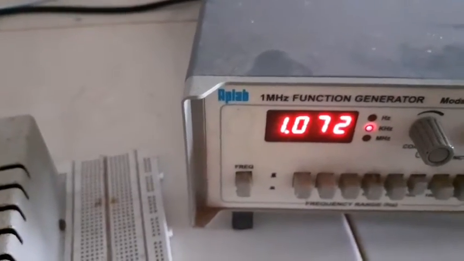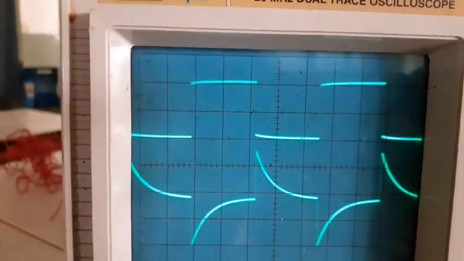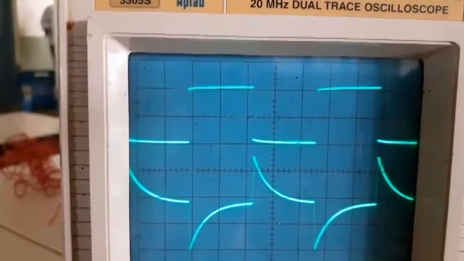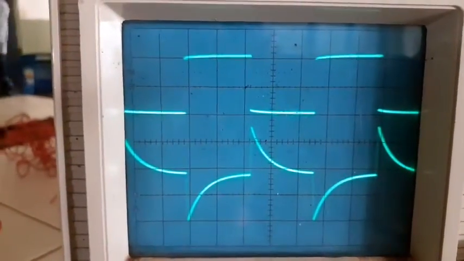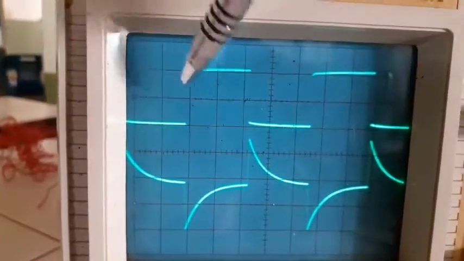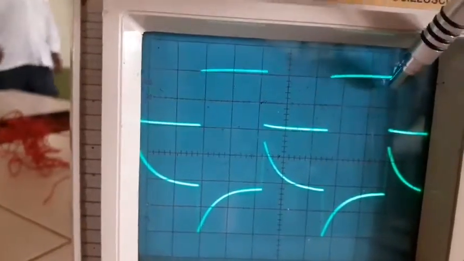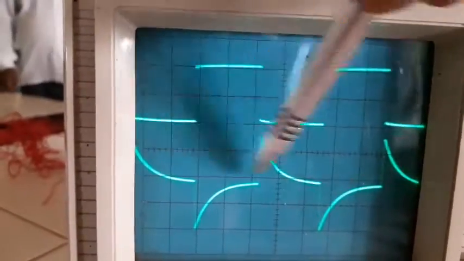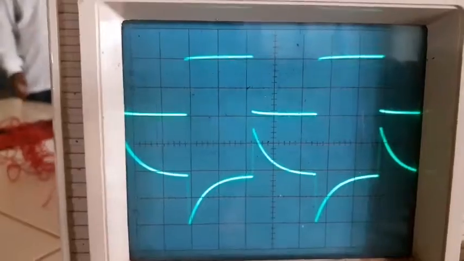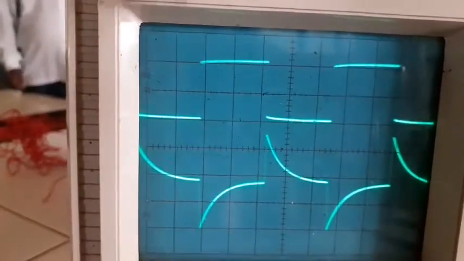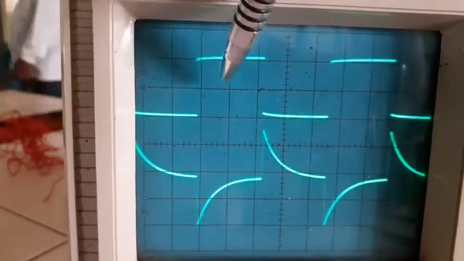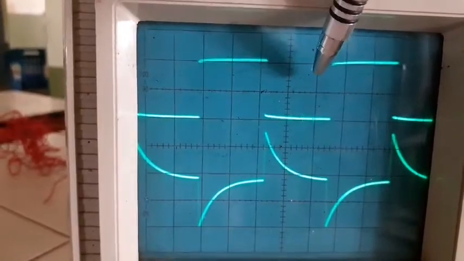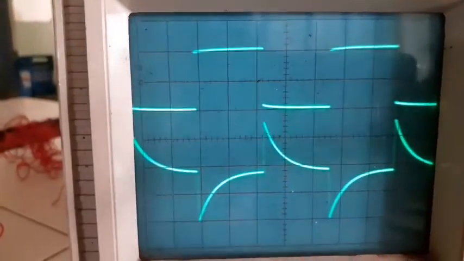Now let us see its output. Well, this is your output. This is input signal square wave and this is output signal. Now to see its time period, you can see it is covering 4 divisions.